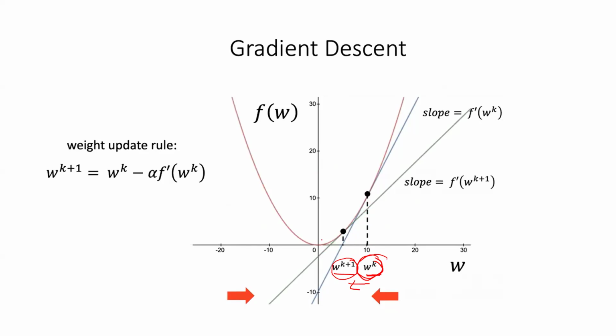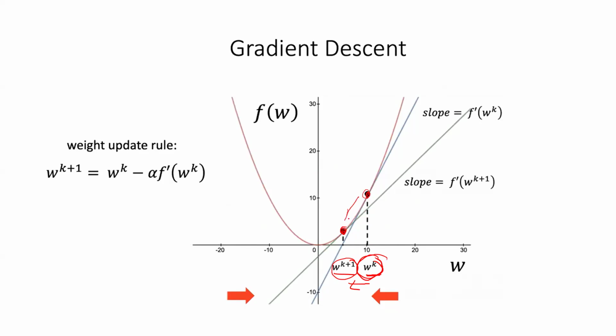This red line is not a slope, it is a quadratic equation. Initially it is over here, and this is wk.